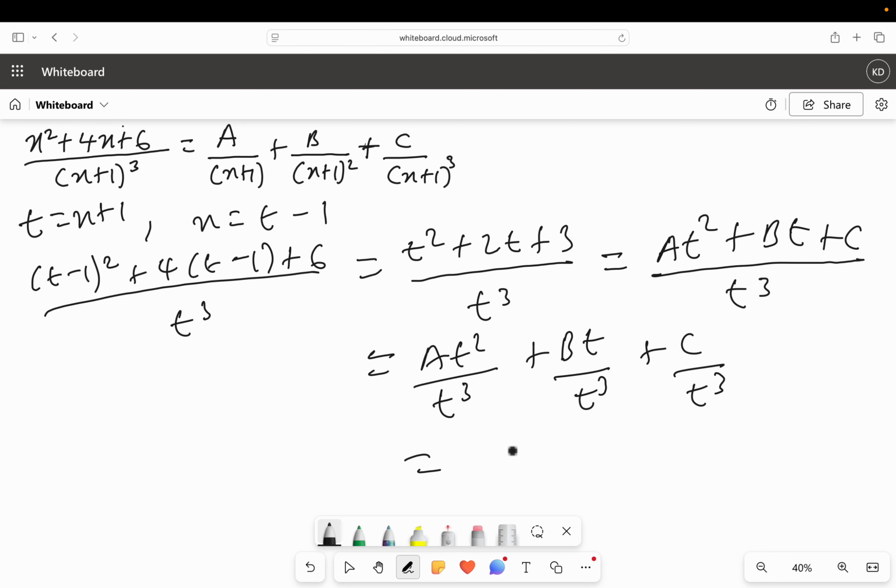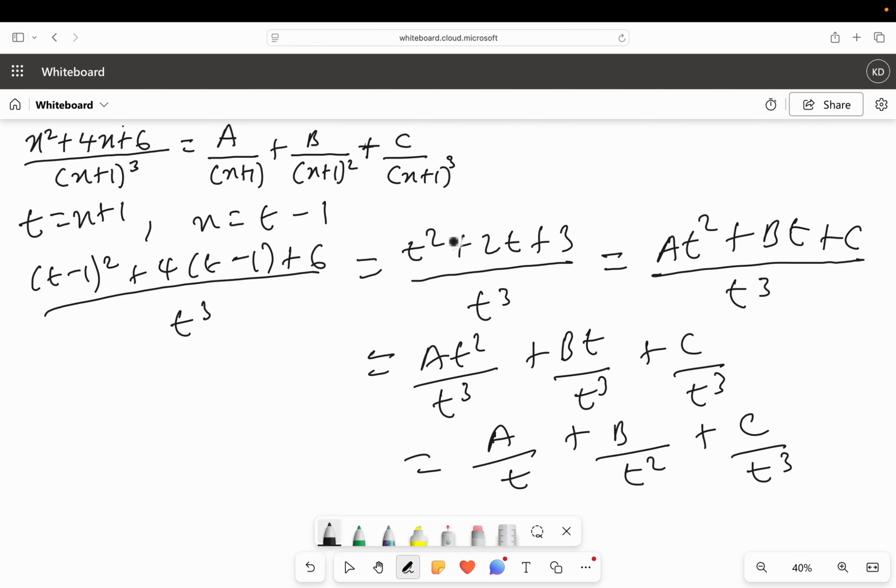So at the end of the day, I will have a over t plus b over t squared and c over t cube. But don't forget, my t is s plus 1. So I can substitute s plus 1 and I will be able to get this decomposition.